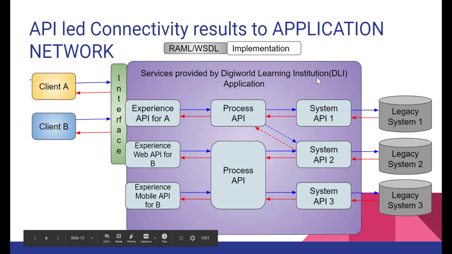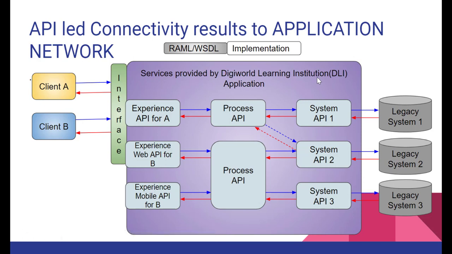Now we will see how the application network happens. Think about the situation. Today you have one application, and it is using multiple APIs you have developed to expose the services provided by your application to the outside world. Later on in future, you add another application, which also has different experience API, process API, and system API.